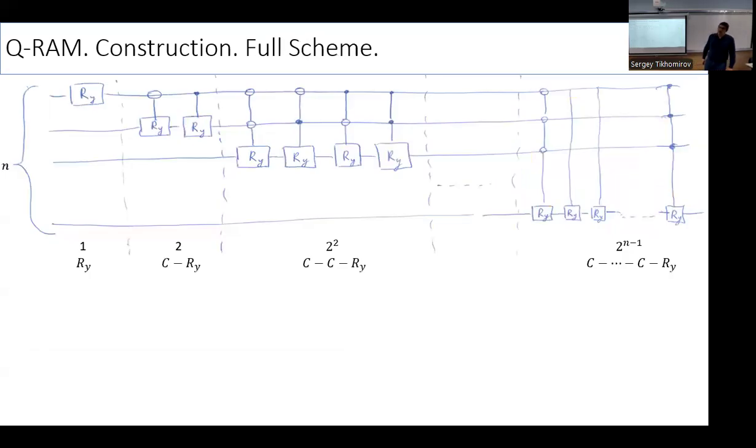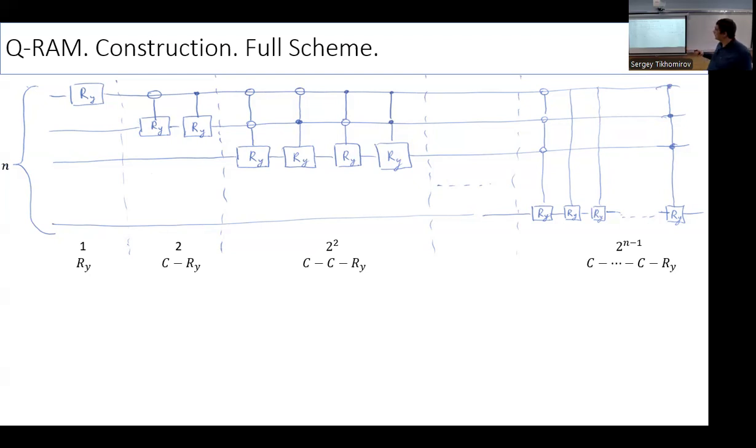Okay, so assume that now I was not lazy and implemented all what I told. Then let us look at how the scheme looks. I apply an RY gate on the first qubit. After this, I apply two controlled RY gates for the second qubit. One was controlled by 0 and one was controlled by 1.